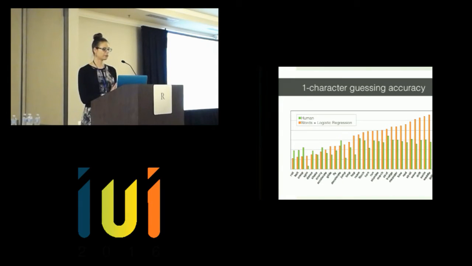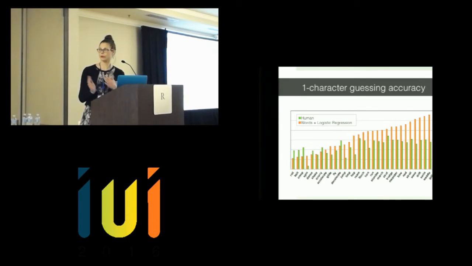So this diagram shows the comparison between human and computer performance, broken down by action. We see the average number of guesses it took to select that action by both the humans and the model. Remember that more guesses means lower recognition performance.